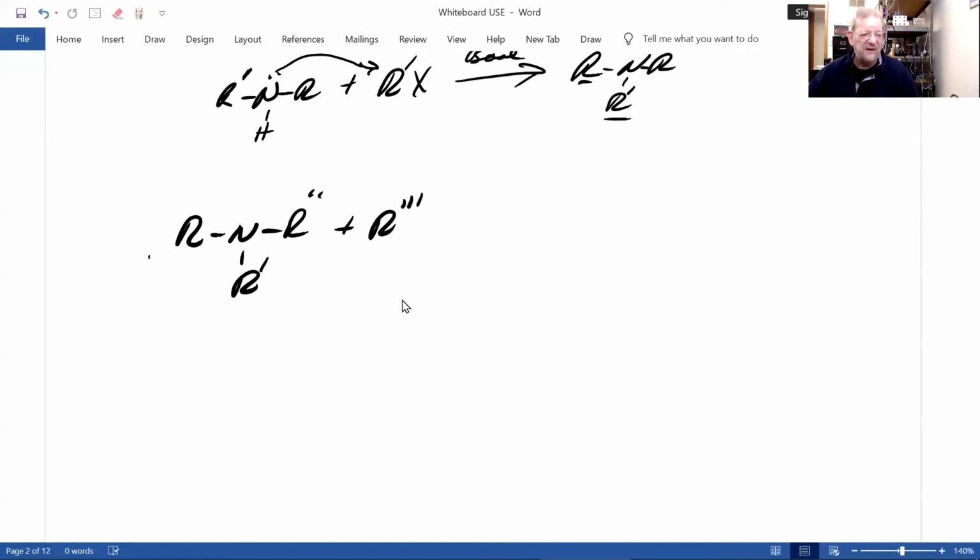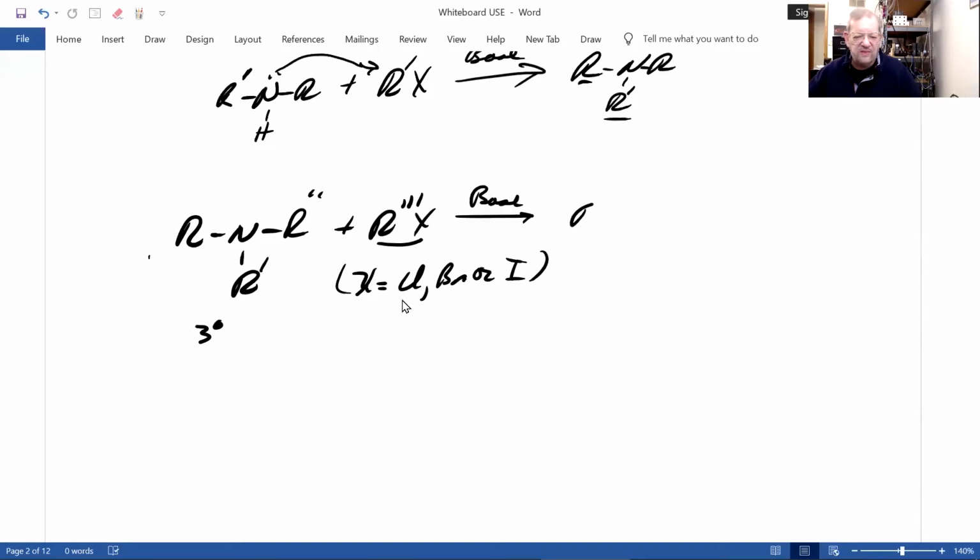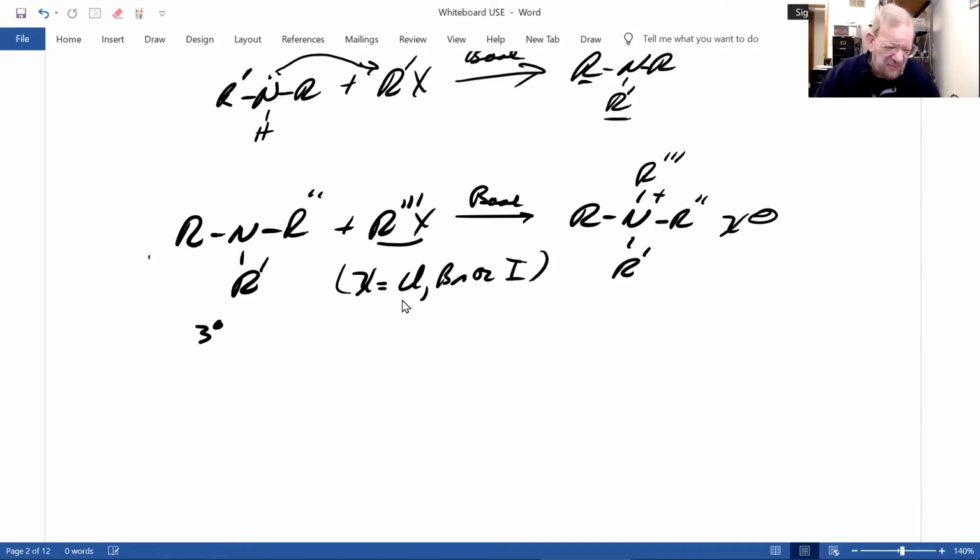Ooh, triple prime. Remember, this is like WXYZ in math. Take a tertiary amine, react it with an alkyl halide in the presence of base, and what you get, and Dr. White's really feeling happy now because I can talk about quaternary ammonium salts, which I have about 9 patents in, so I might know a little about it.